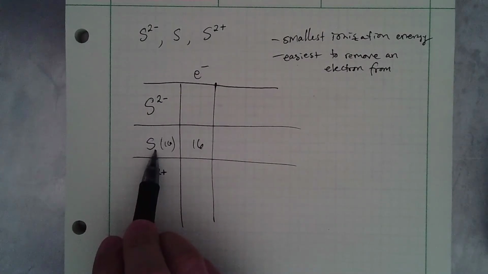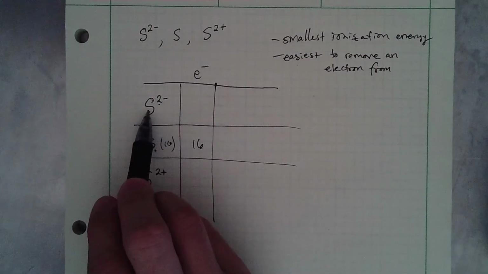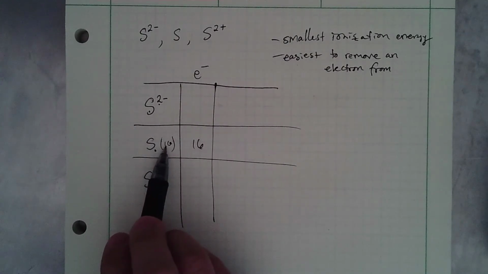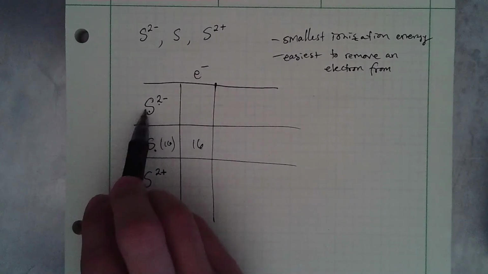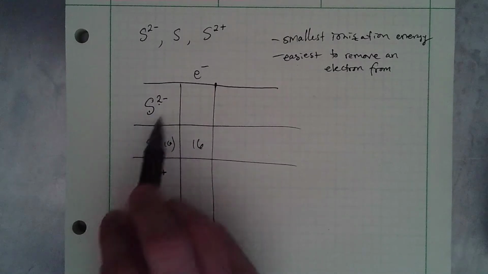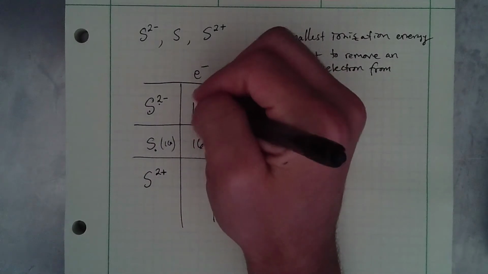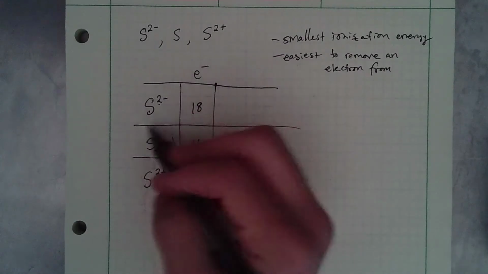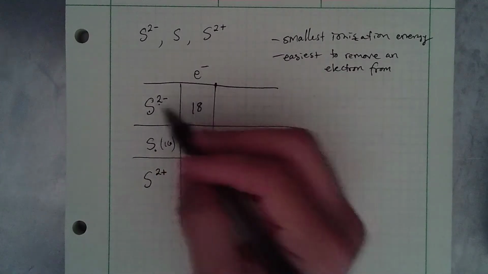Now, if it's a -2 sulfur ion, this is still sulfur, which means it still has an atomic number of 16. So there's still 16 protons, but the ion overall has a -2 charge. That must mean there are 2 more electrons than protons. So for a negatively charged ion, you have more electrons than protons.